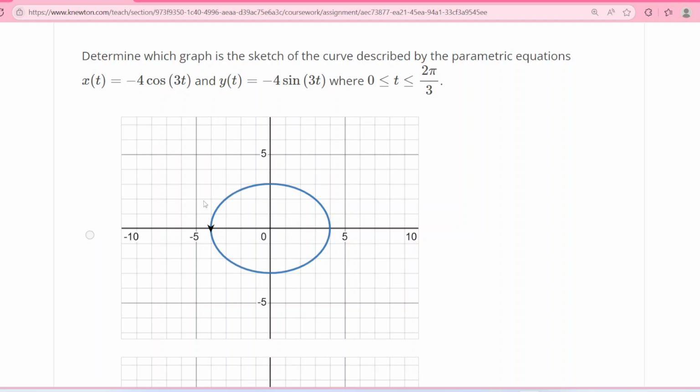This kind of problem here in Knewton Alta is a multiple choice problem, but I'm going to work it out by hand first, draw a sketch of this by hand, and also go to the desmos.com graphing calculator website and take a better look at it there. And then we'll come back and verify the solution.